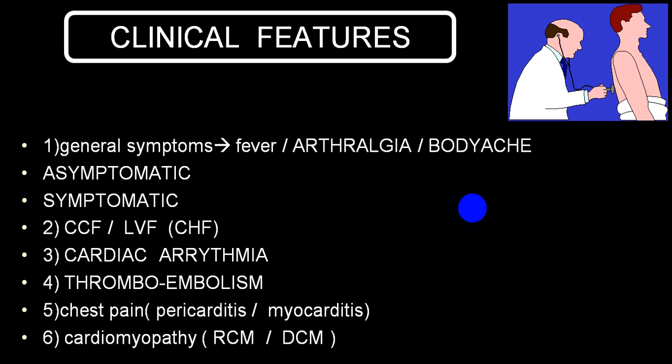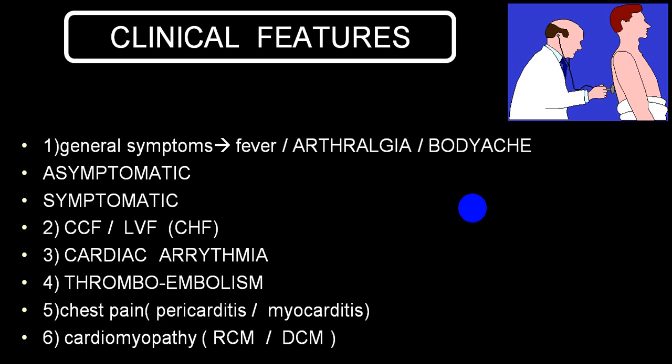As far as clinical picture is concerned, usually in an infective pathophysiology, a person can present with general symptoms like fever, myalgia, arthralgia, body ache, little fever with chills, loss of appetite, nausea, vomiting, etc. A person may be asymptomatic or symptomatic.